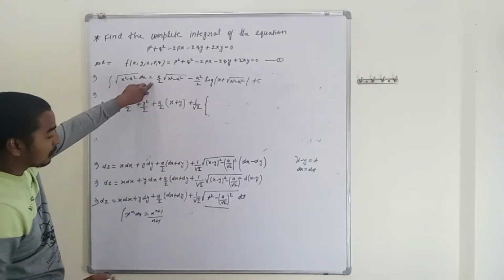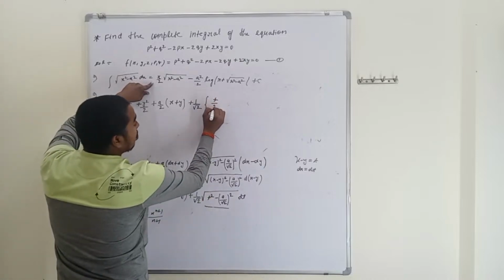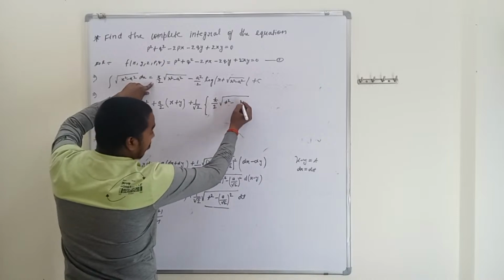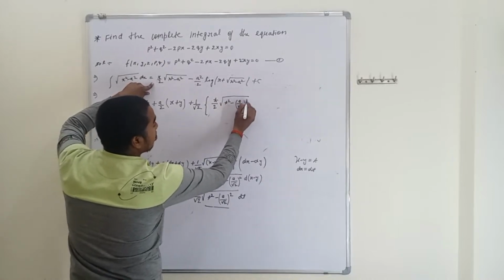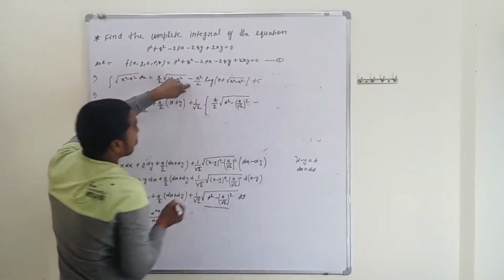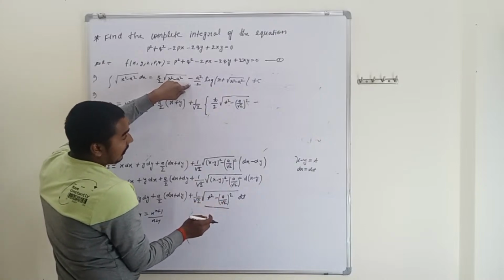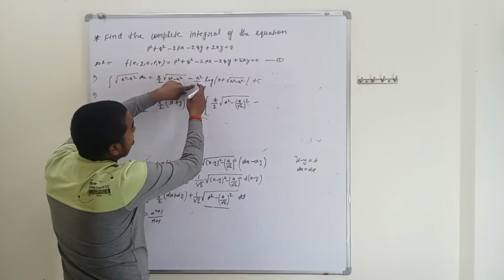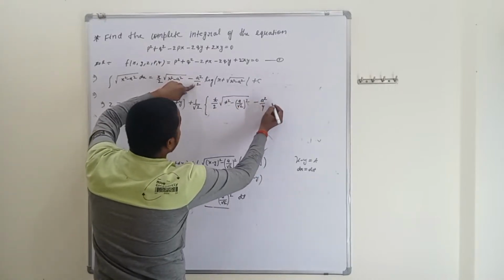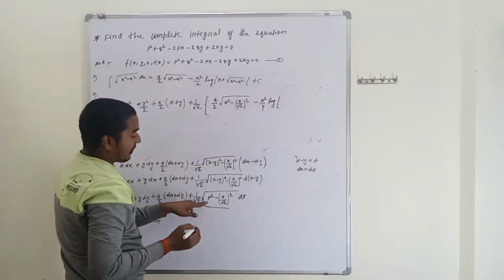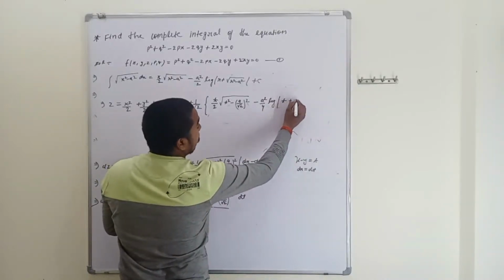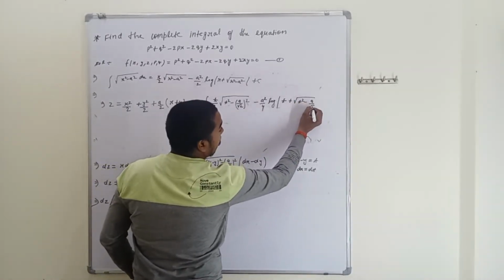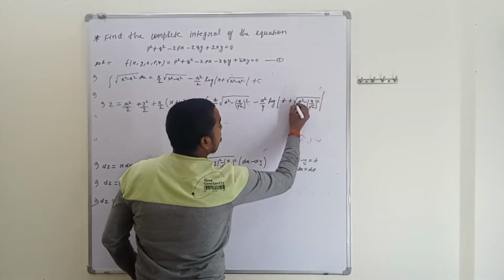first we have x by 2, here x is t, that is t by 2 under root of t square minus (a by root 2) whole square, and minus a square by 2, here a is a by root 2, so a square by 2 becomes a square by 4, log of t plus under root of t square minus (a by root 2) whole square, and taking the constant as b.